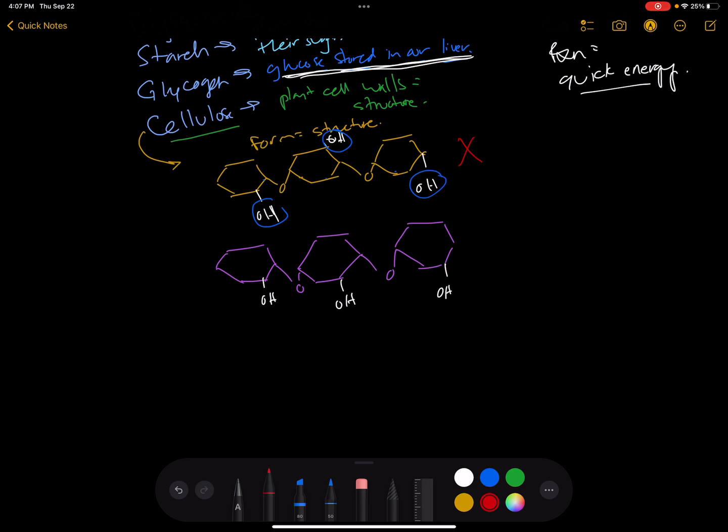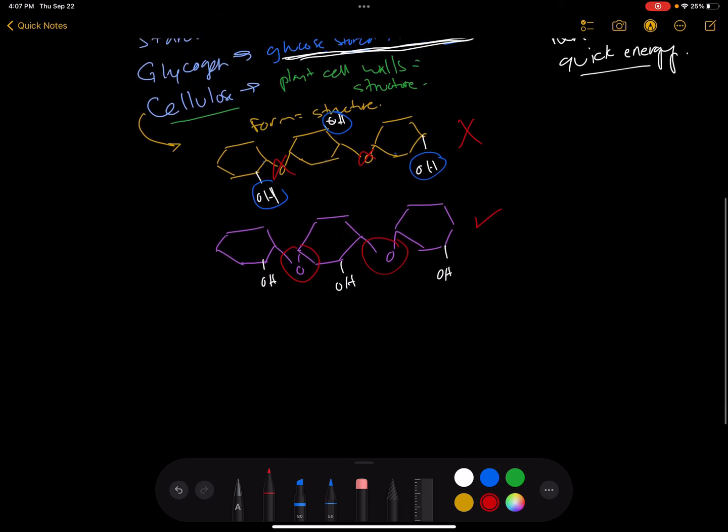And guess what? We do have an enzyme that can digest that. That's why we can eat potatoes and fruits and such and get energy out of them, because we're able to break these bonds right here. We can't break those bonds up there. And then glycogen, so this was cellulose, just to make sure we're clear. This is going to be starch.